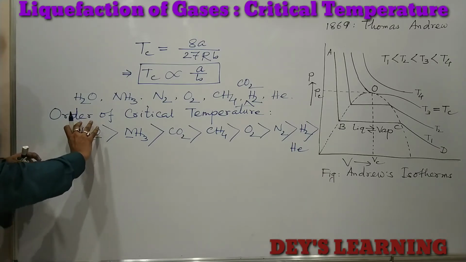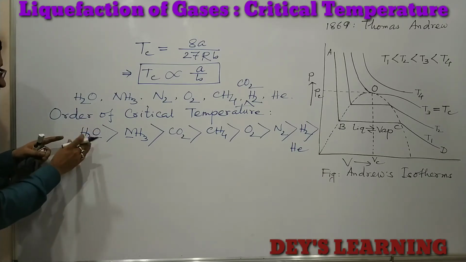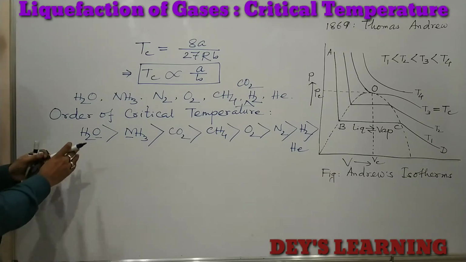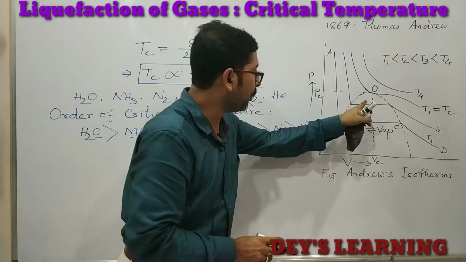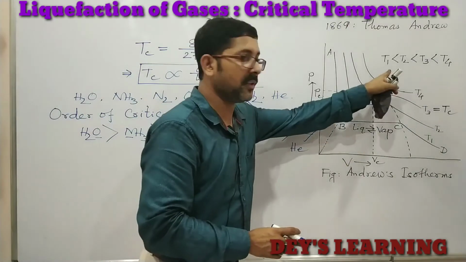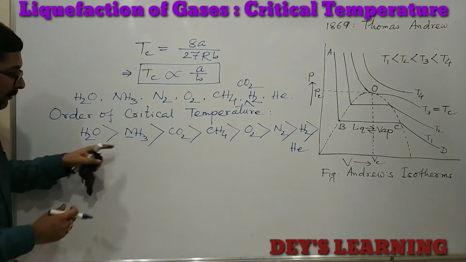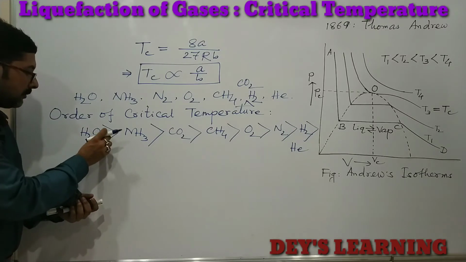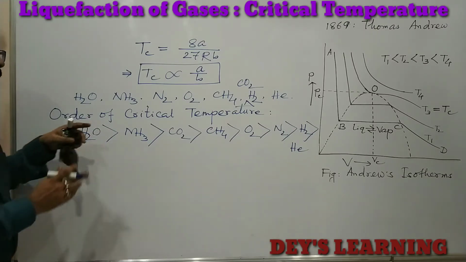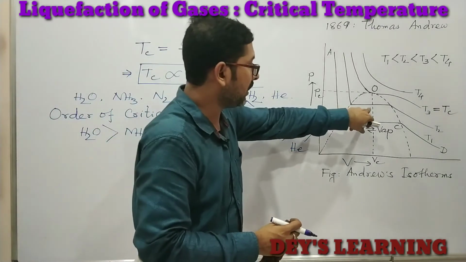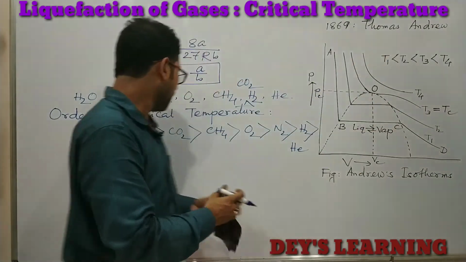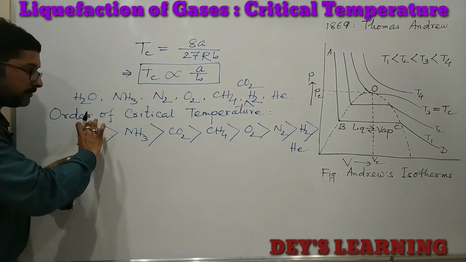So the intermolecular attraction force in water is greater. To transform liquid water into the gaseous phase, a greater temperature is required. So the critical temperature of water is maximum.